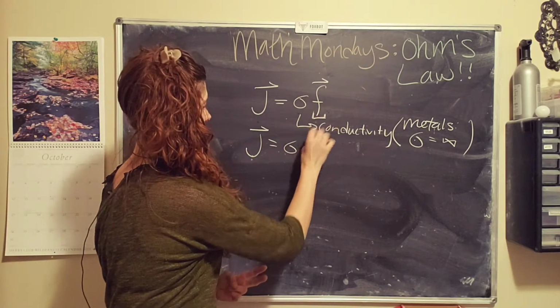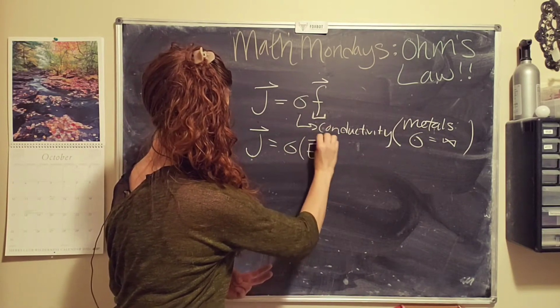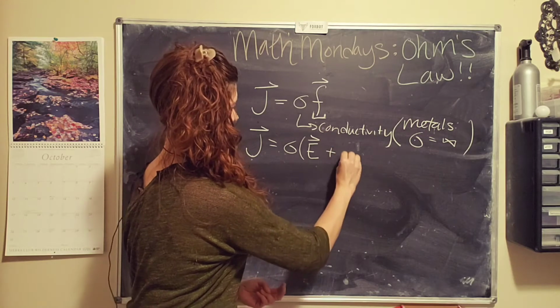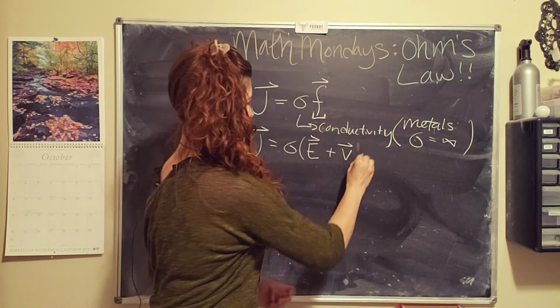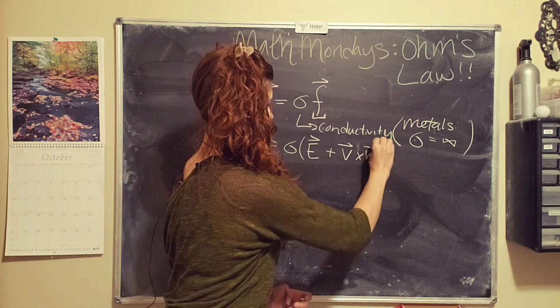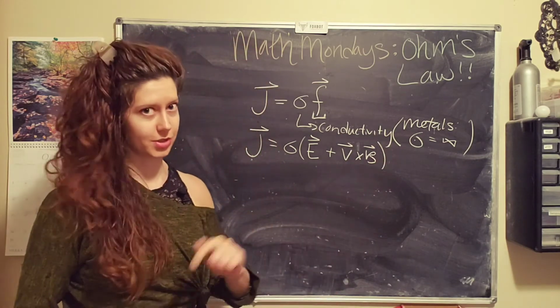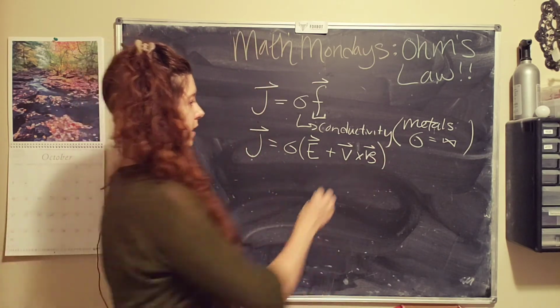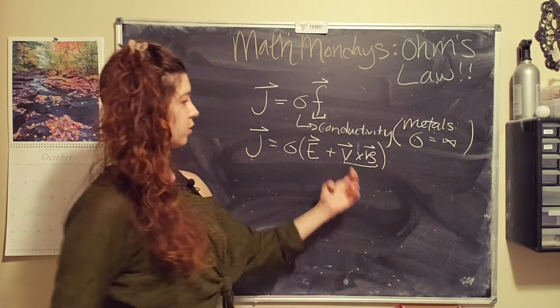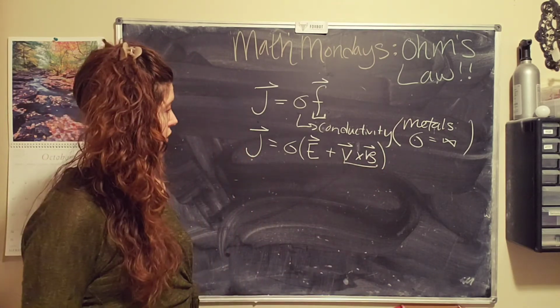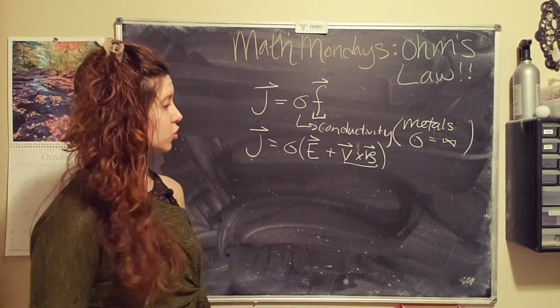And so if we plug that into this equation, we get the electric field plus the speed of the charges times cross, not just times, the cross product with the magnetic field, because this is what would generate the equivalent electric field to move those charges.